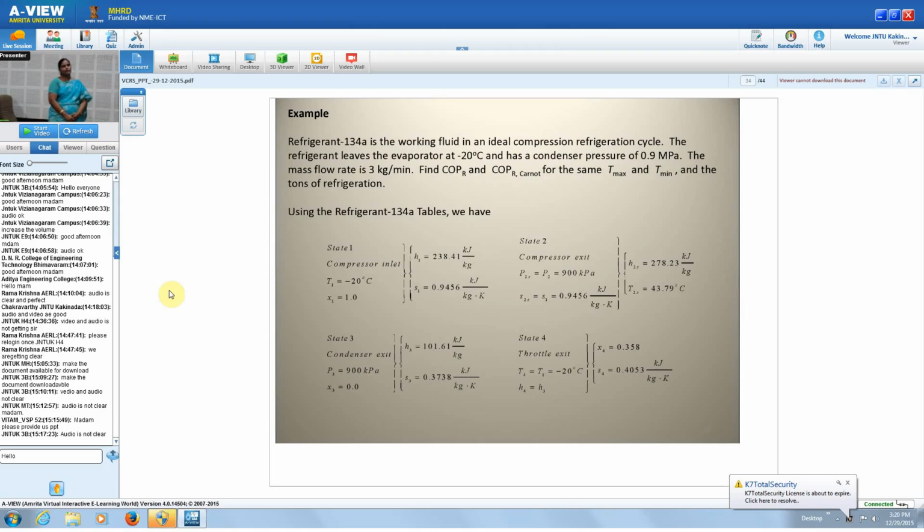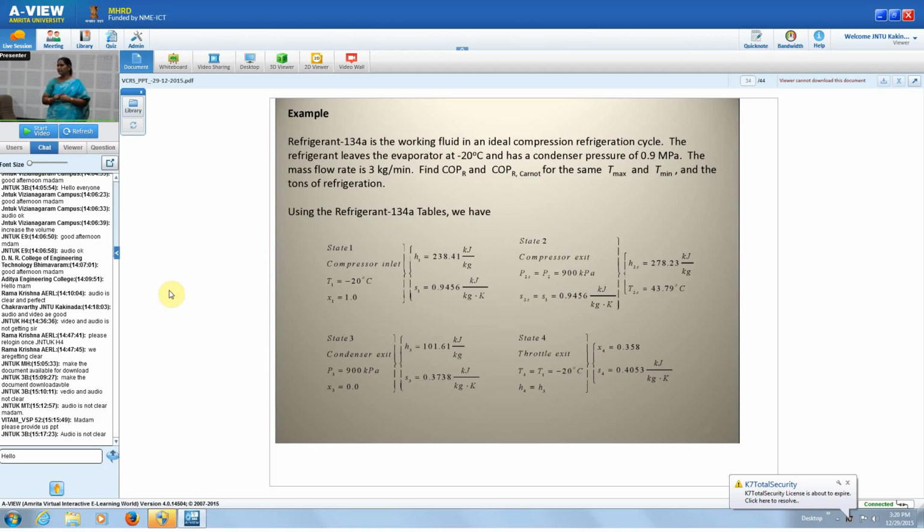Find the COP of the vapor compression cycle, then the reverse Carnot cycle for the same T max and T min, and the tonnage of refrigeration. So at the suction of the compressor, the temperature given is minus 20 degrees centigrade.